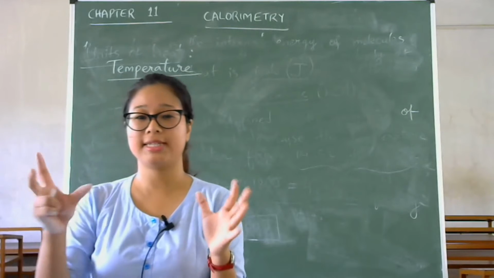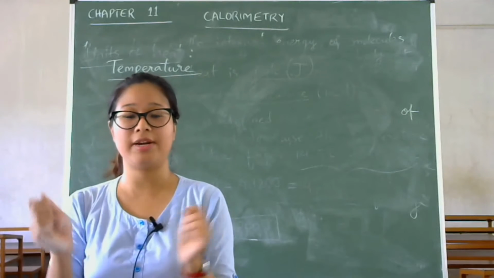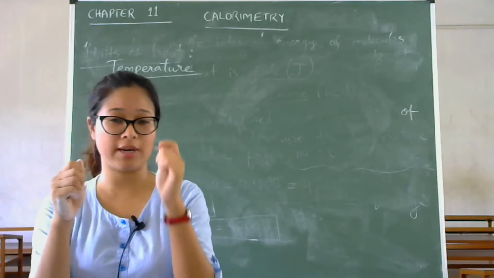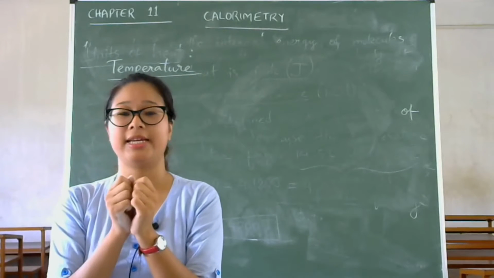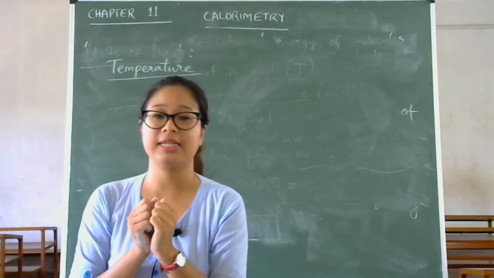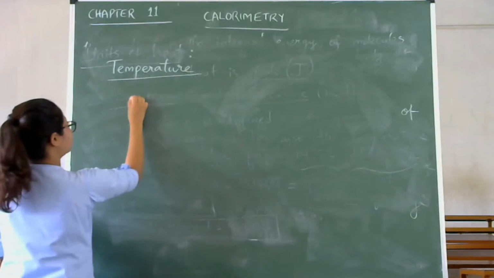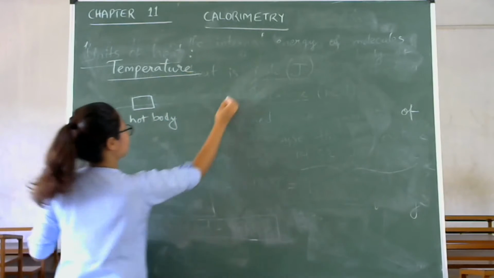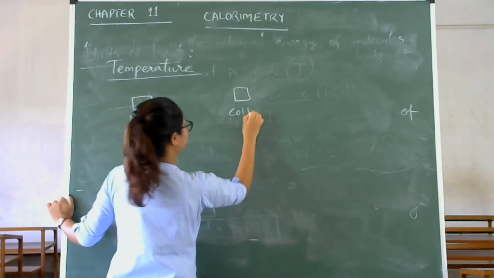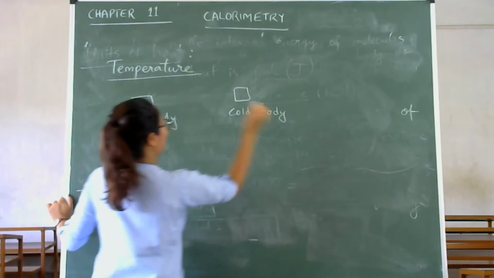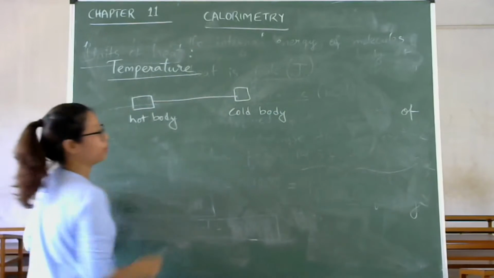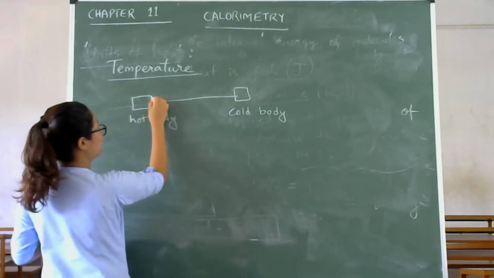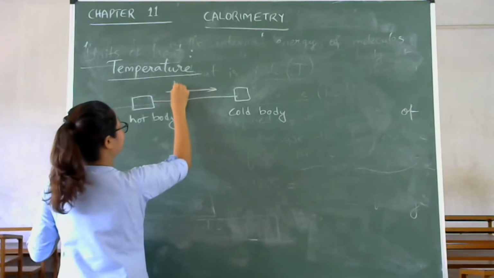Now, when two bodies having different temperatures are kept in contact, what will happen? The heat will flow from a hot body to a cold body until they attain the same temperature, isn't it? When these two bodies are kept in contact, the heat will flow from a hot body to a cold body.